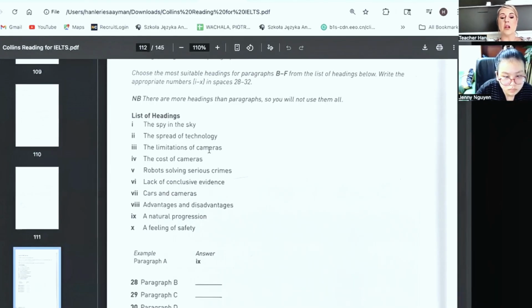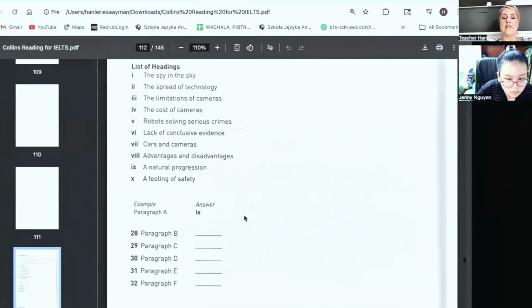Number 2, the spread of technology. Number 3, the limitations of cameras. Number 4, the cost of cameras. Number 5, robots solving serious crimes. Number 6, lack of conclusive evidence. Number 7, cars and cameras. Number 8, advantages and disadvantages. Number 9, a natural progression. And the last one, number 10, a feeling of safety.